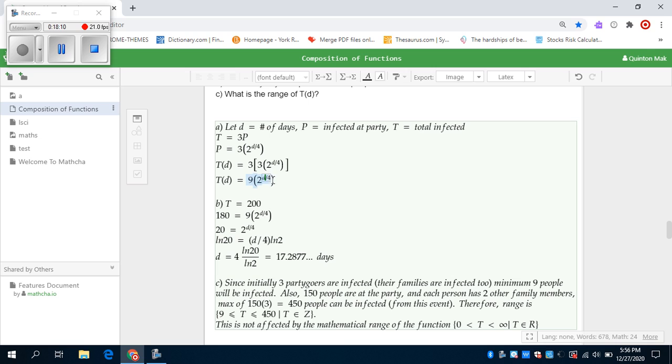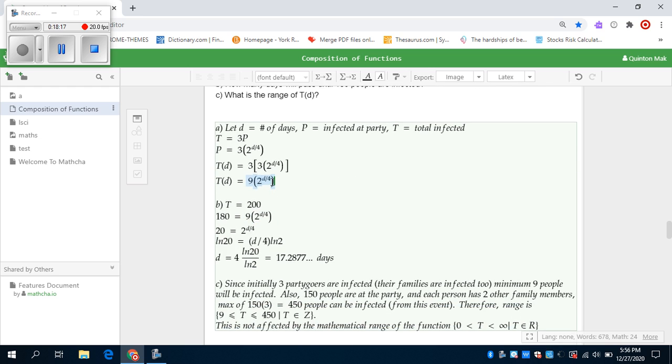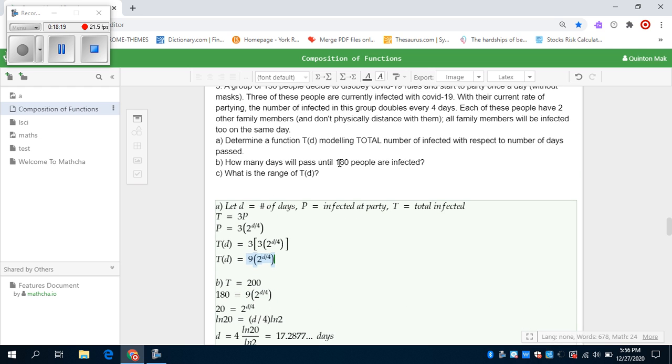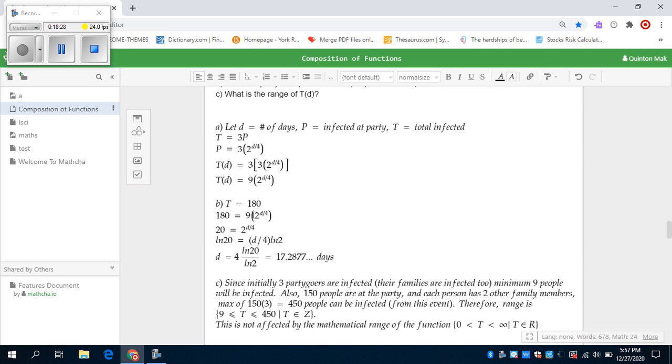For B, we want to know how long until 180 people are infected. So we sub that in and then we solve for D. So we divide both sides by 9, use natural logarithm, and use the property that you can bring this exponent out to multiply by the logarithm.